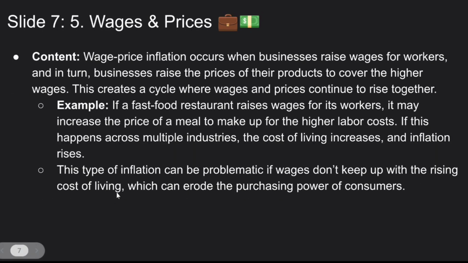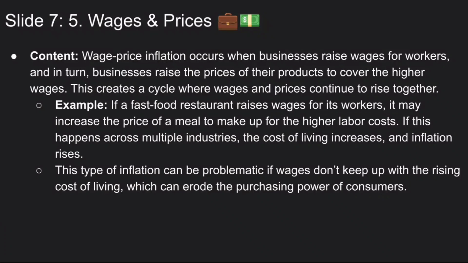Wage price inflation occurs when businesses raise wages for workers, and in turn, businesses raise the prices for their products to cover the higher wages. This creates a cycle where wages and prices continue to rise together. An example is that if a fast food restaurant raises the wages for its workers, it may increase the price of a meal to make up for the higher labour costs.